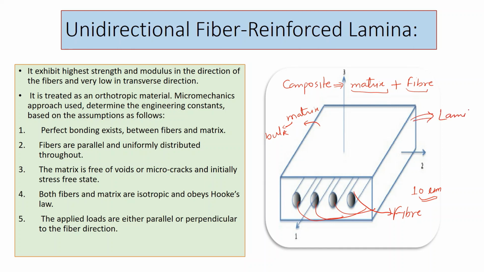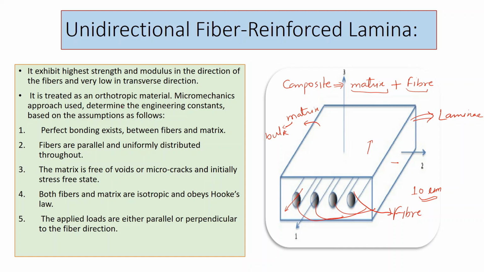Lamina is a plate layer. In this structure, the fiber is oriented in direction 1, so it would have a high strength in direction 1, and in directions 2 and 3, it will have very low strength.